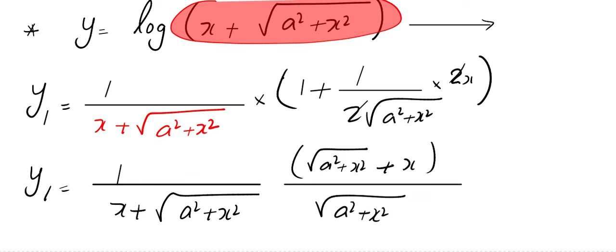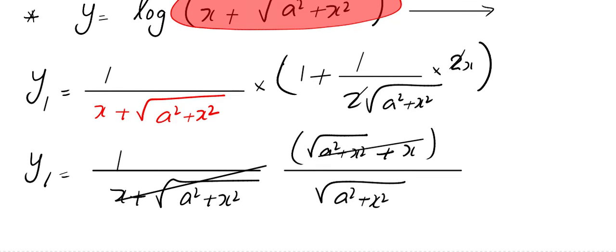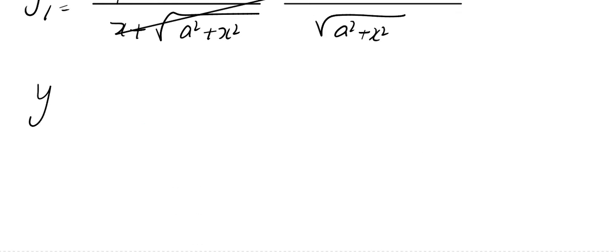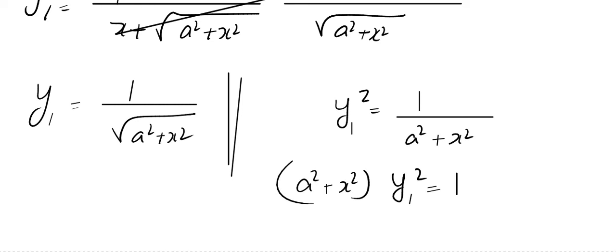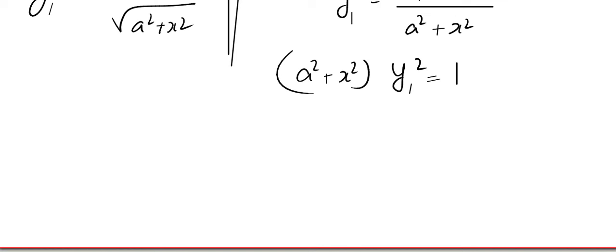So that's very interesting. Now everything gets cancelled and we get 1 by root under a square plus x square. That's it. Now our number 1 enemy, square root, and enemy number 2, fraction. Now enemy number 3 doesn't exist, so ready to differentiate.